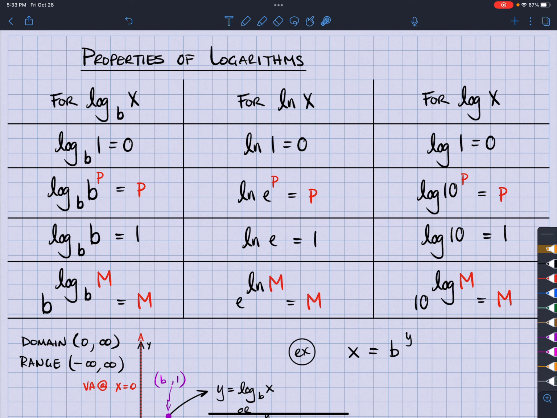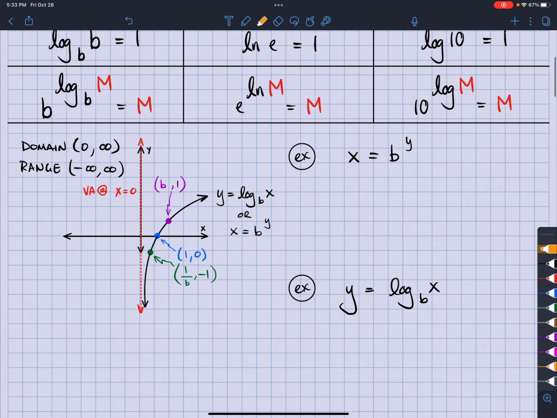So let's talk about some of these examples. Let's just talk about this first one right here. When you take the log base of anything of 1, it is always equal to 0. So why do we know that? It's because of this graph right here.